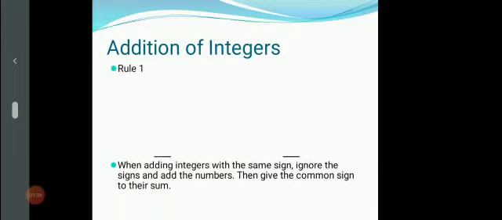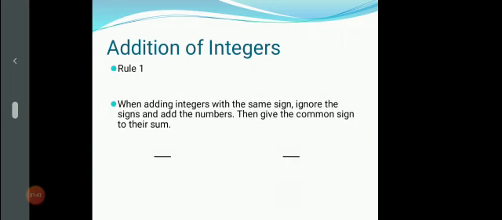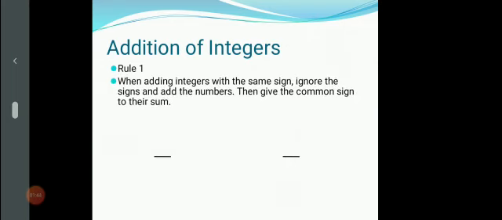First, addition of integers. The first rule is: when adding integers with the same sign, ignore the signs and add the numbers, then give the common sign to their sum. Let's see the example. In the first example, both the numbers are positive integers, that means +2 and +4.